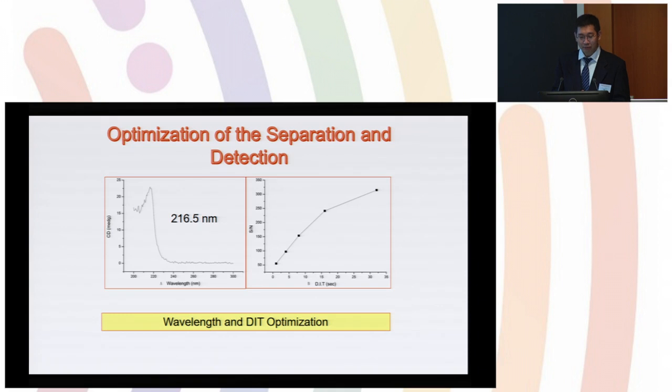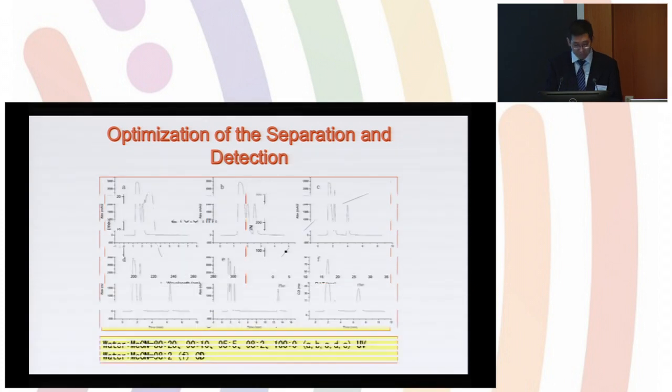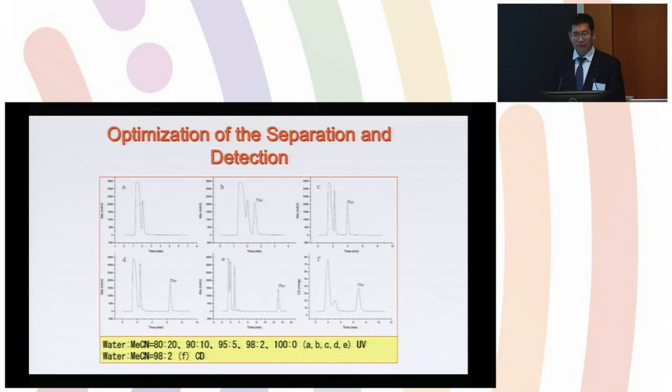Firstly, we optimize the detection and separation conditions for L-phenylalanine. We try to separate L-phenylalanine from other 16 amino acid mixtures. Then we can use D-phenylalanine to quantify L-phenylalanine in the mixture.